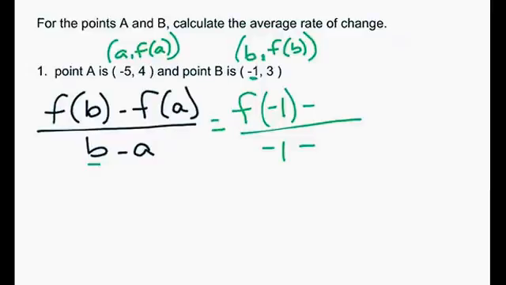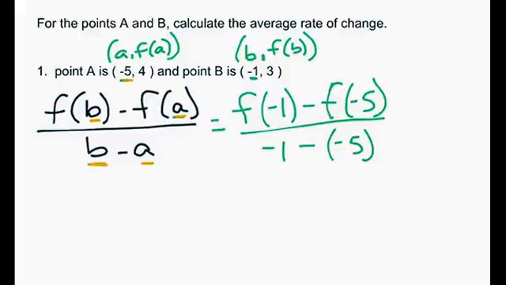Now everywhere there's an a, I am going to put a negative 5. f(-5) and -5. So what I need you to see first is all I have done is substitute my x values in for my a's and my b's. It's just substitution. So step 1, substitute x values.